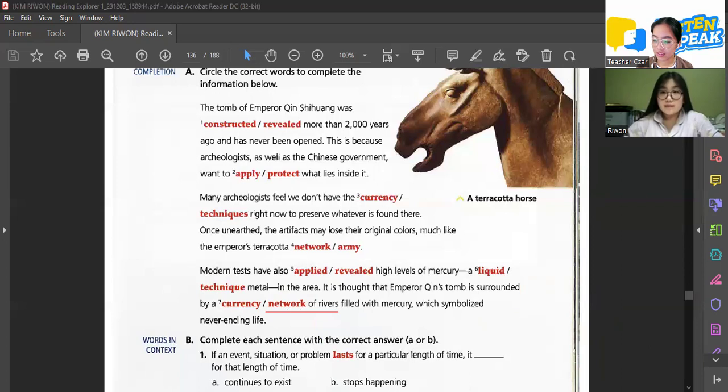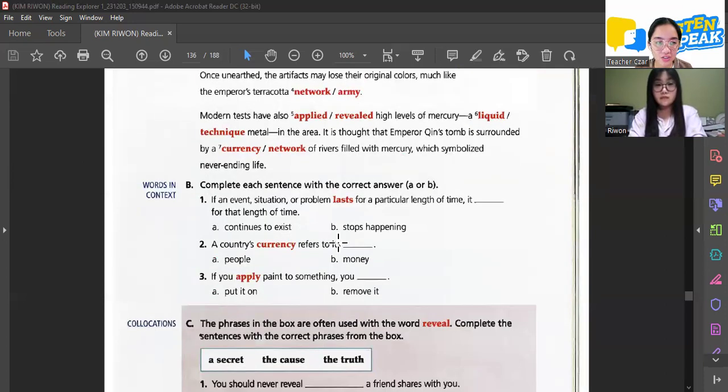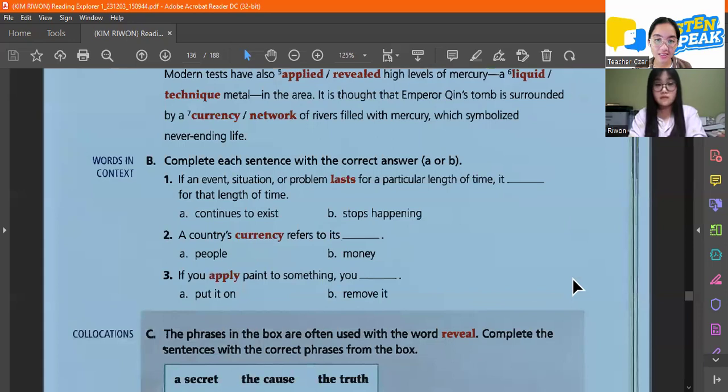No. Okay, another example is this one. And also, it is filled with mercury, which symbolizes never-ending life. Do you have any questions about this passage? No questions.